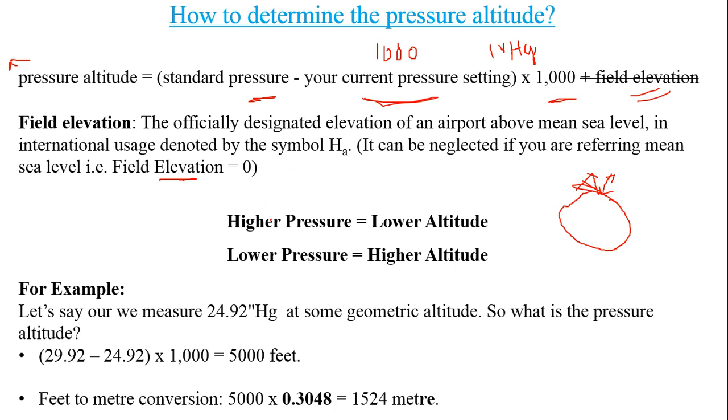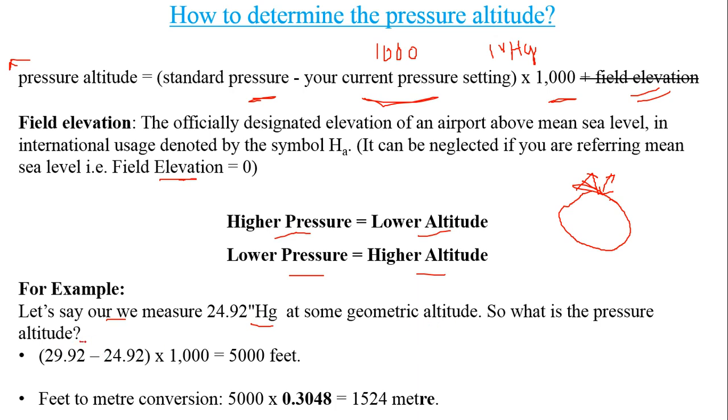We also need to know that if there is higher pressure, it means that we are at lower altitude, and if there is lower pressure, it means that we are at higher altitude. Now let us assume an example for understanding purposes. Let's say we measure 24.92 inches of mercury at some geometric altitude.